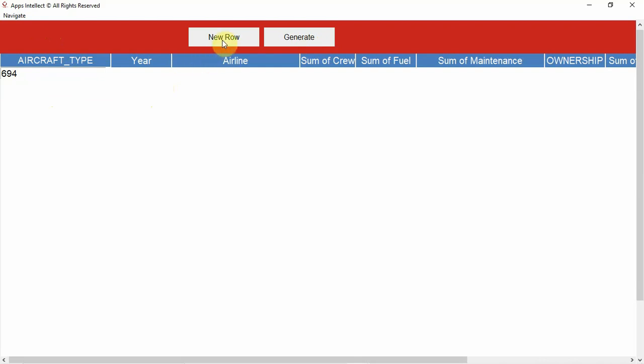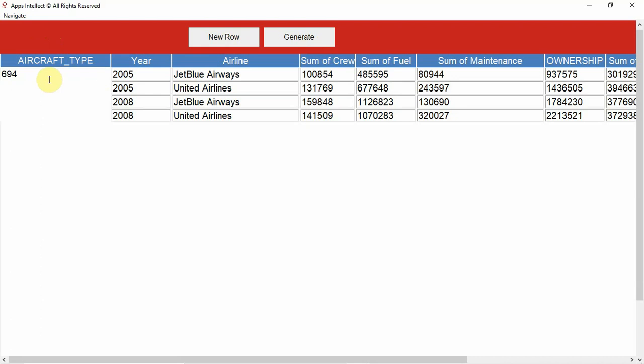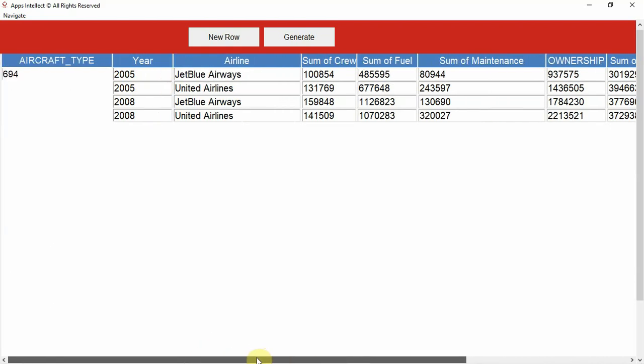So I'm clicking on the new row. Okay, so this particular aircraft type is there, and these are the years. We are comparing two airlines for the fuel analysis. We've taken the data for 2005 and 2008 for two airlines, JetBlue Airways and United Airlines, with aircraft type number 694, and we have input all these parameters.